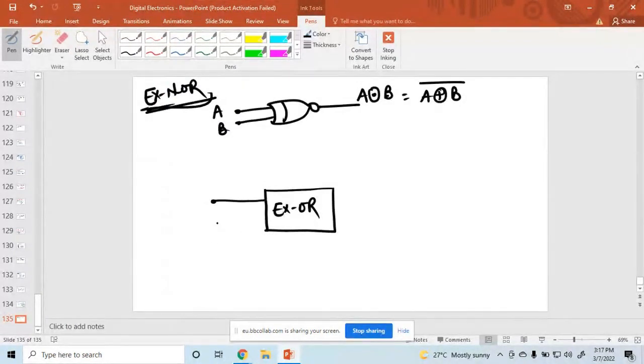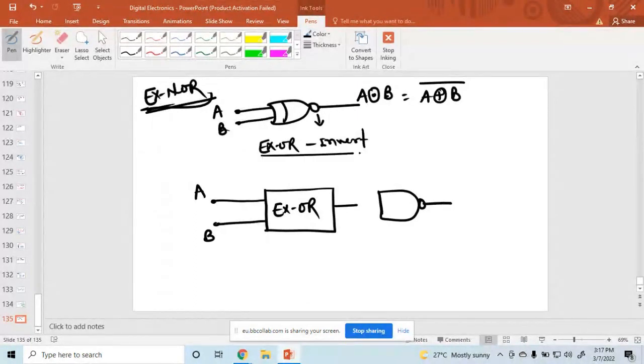Here the input is A and B, and then here you have connected an inverter. One NAND gate is connected here as the inverter, this bubble is called the inverter. So the XOR, and then invert, gives XNOR, and this one is connected like this.